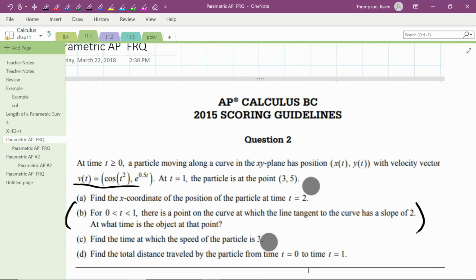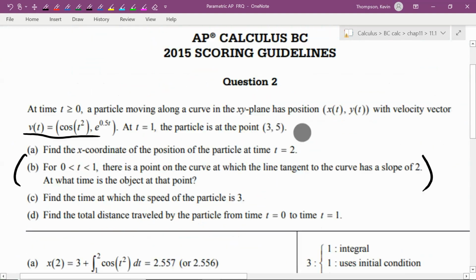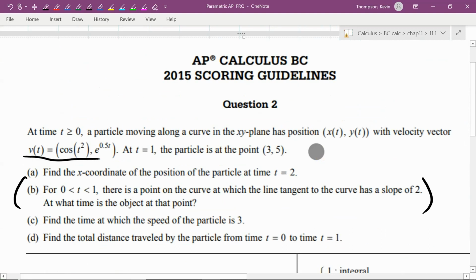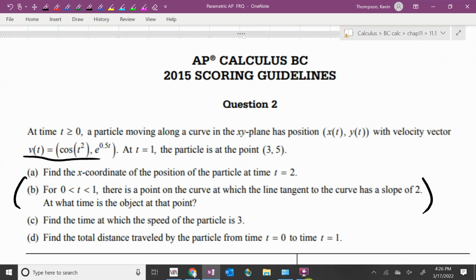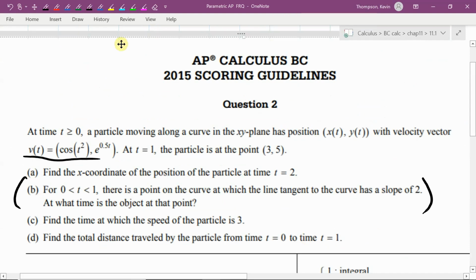So do you want to try this one on your own? This is the one that we skipped. So this should be part A here. That is what we just talked about. And then we're done. Use your calculator, spit out a decimal for it.